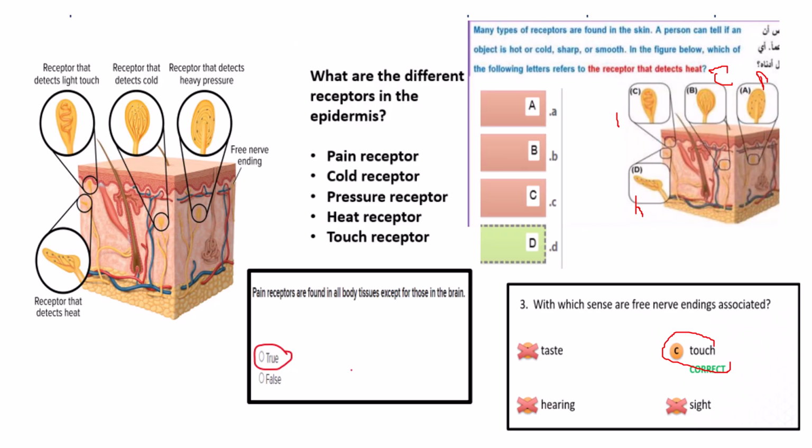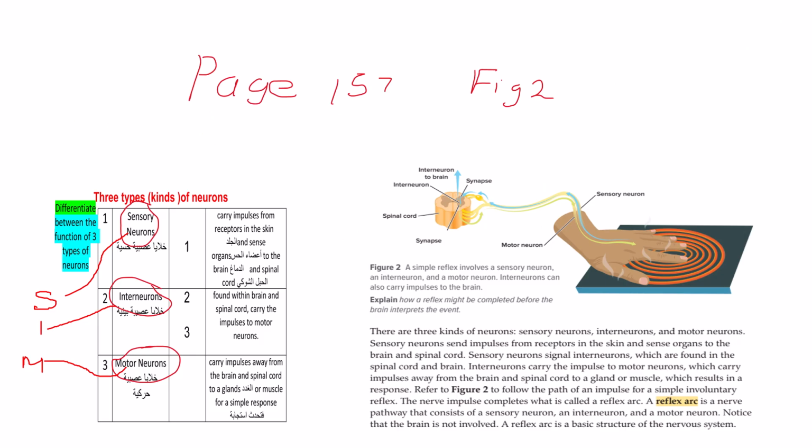Like, this structure is mainly for cold, this for light touch, this for heavy pressure, and you need to find which receptor detects heat. You can see that it's D, and then you know the answer. So you need to know the structure of each of the sensory receptors in touch.